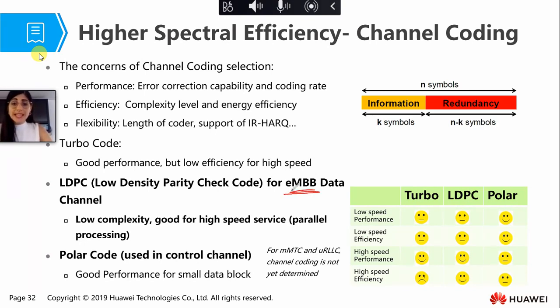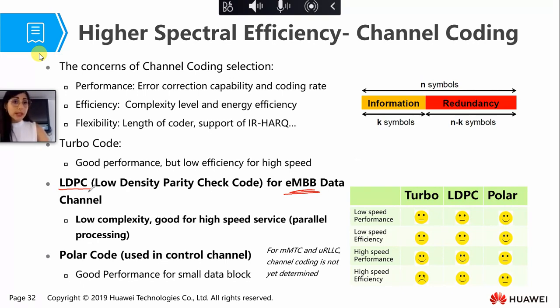So for the enhanced mobile broadband scenario, for the user plane, so for the traffic, we are going to use LDPC coding, so low density parity check coding, which has a low complexity. So it is good for high speed service.